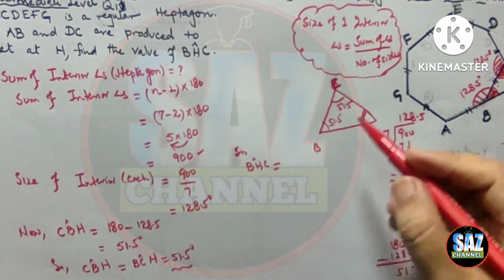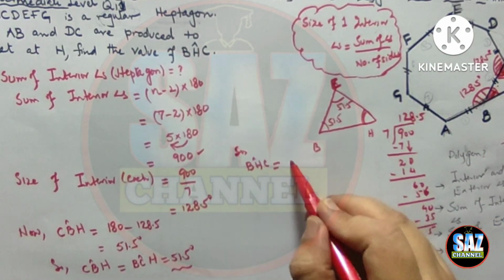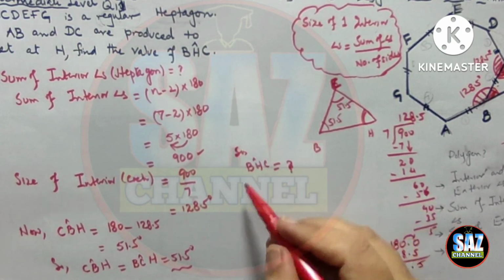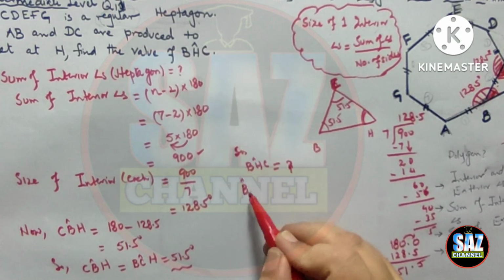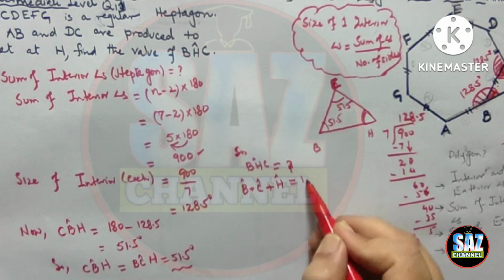angle, we know that the sum of interior angles of a triangle is 180 degrees. Let me perform the calculation because this lesson is specially for the junior students. For you, B plus C plus H equals 180 degrees.